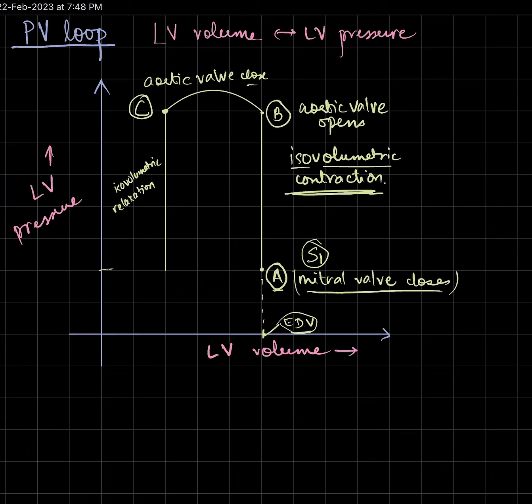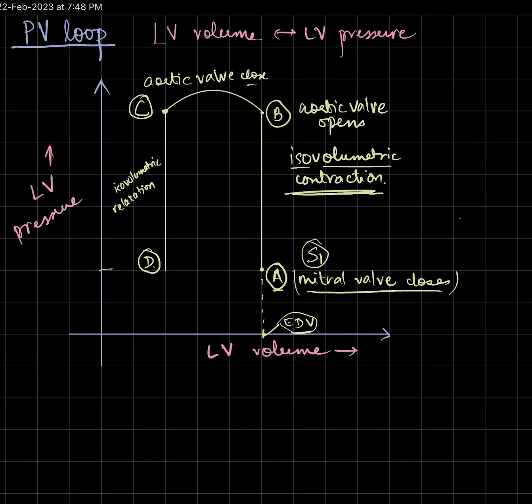It completely makes sense, because the aortic valve has closed and the mitral valve is not open yet, so the left ventricle is again a closed chamber, but this time it is relaxing. It was contracting from A to B, but it is relaxing now, which means the pressure is decreasing. So this is isovolumetric relaxation, and I'm going to label this point as D.